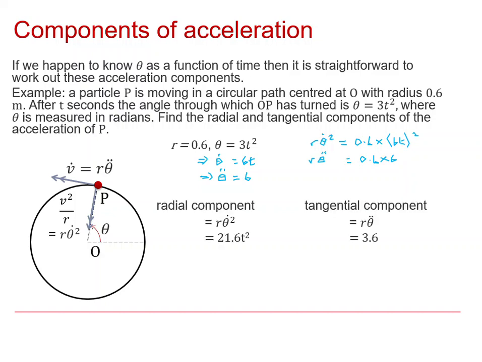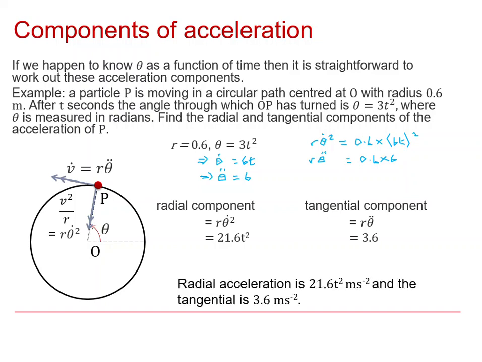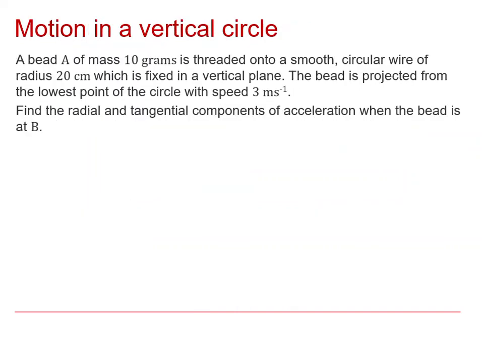So those worked out simplify to 21.6 t squared and 3.6 respectively. So we can state the answer in context with the units. Well, that's a simple case where theta depends on t. Normally it won't, so we need to consider what to do when that's the case.